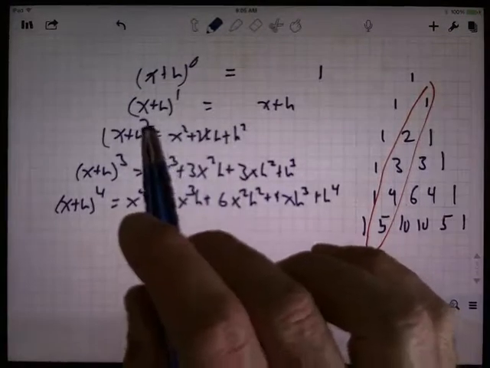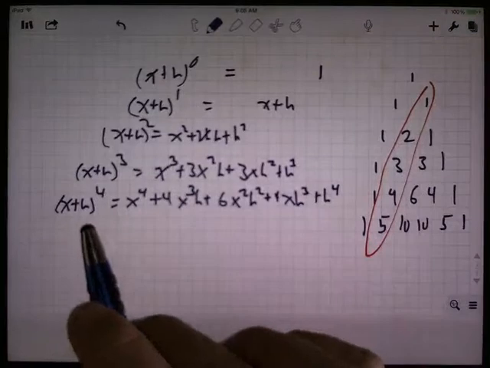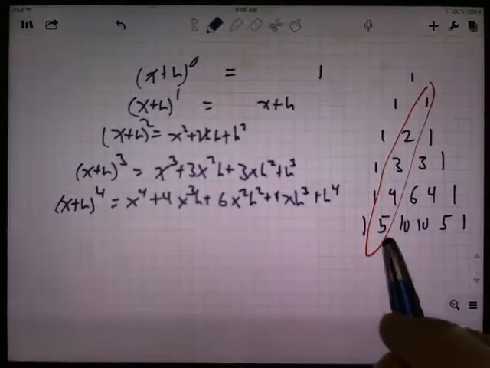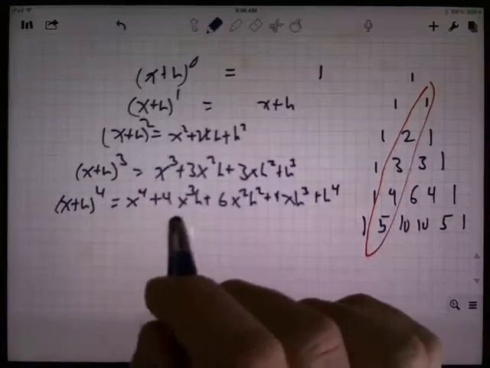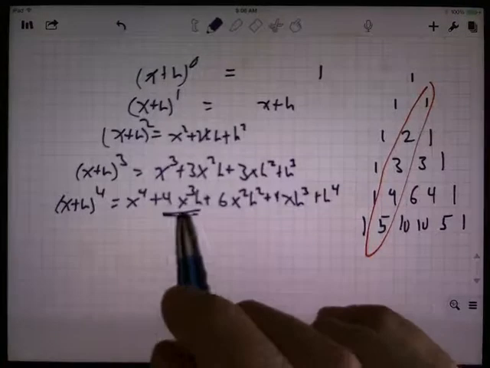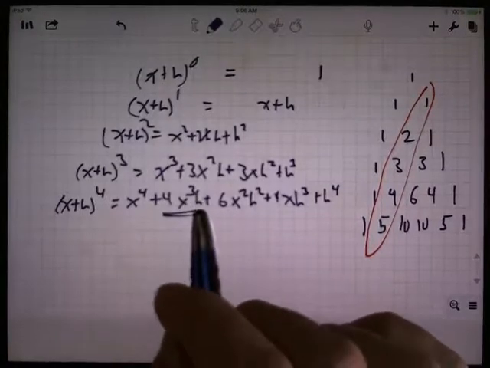That's a 1, that's a 2, that's a 2, that's a 3, that's a 3, that's a 4, that's a 4. When you're doing an x plus h to the 5th power, that's a 5. And that coefficient is sitting right here. It's the second one in here. And the variables are always x to the 1 less power and h to the 1st power.